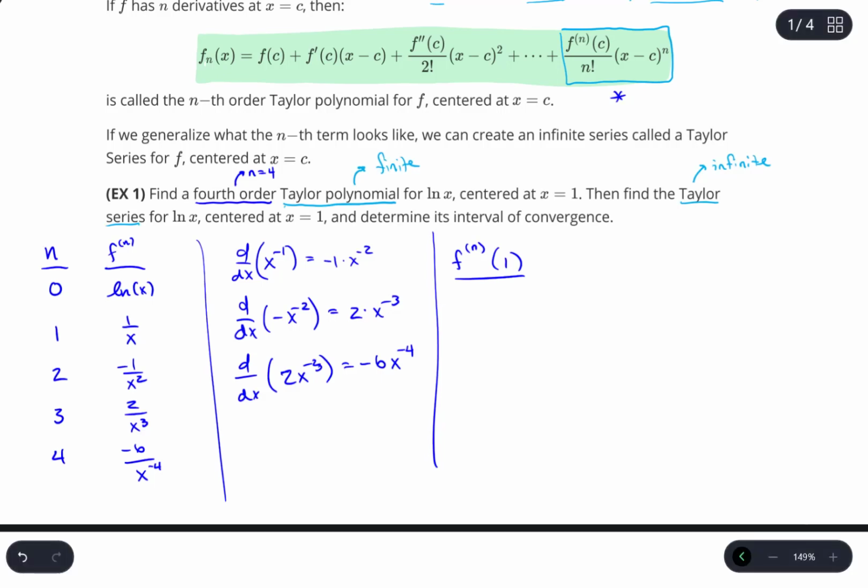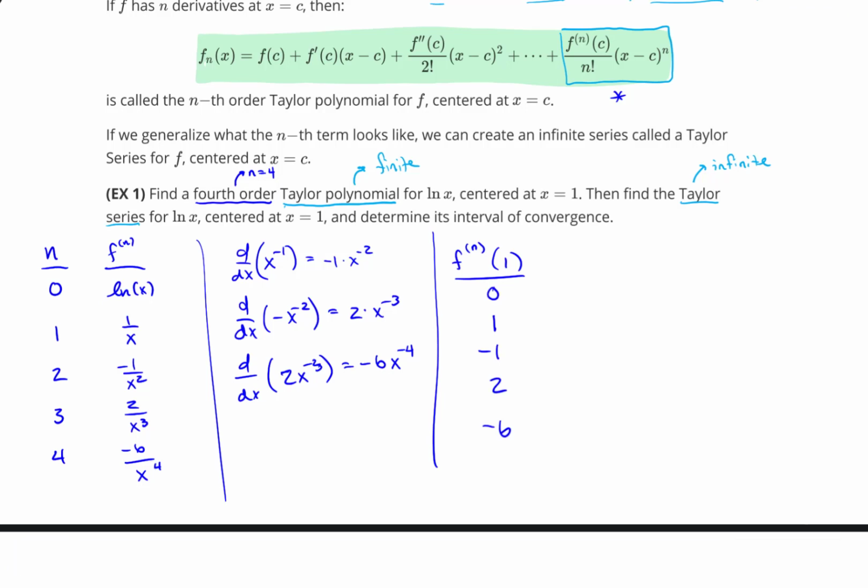Evaluating the natural log at 1, natural log of 1 we know to be 0. 1 over 1 is just 1. And then we would have negative 1 over x squared, so negative 1. 2 over 1, which is 2. And then negative 6 over 1, which would be negative 6. I wrote that as to the negative fourth power, but of course that would become positive in the denominator, so I'll try and fix that there.